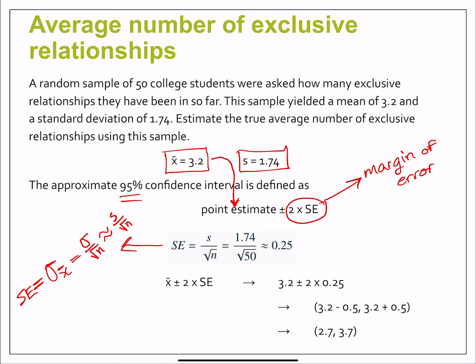That's the important note. If we're trying to find a mean, we use this. If we're trying to find a population proportion, we use the other one.